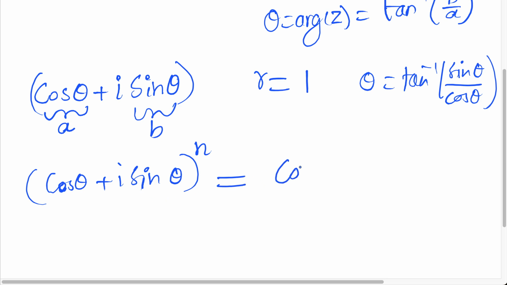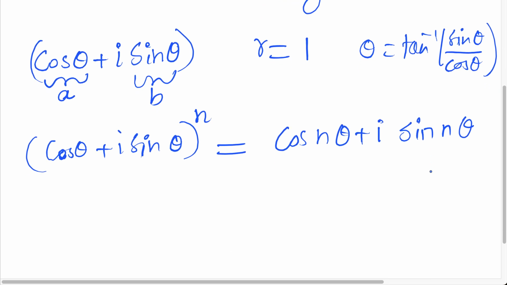This is equal to cos n theta plus i sin n theta. This proof needs you to know a bit of trigonometry. So in case you are not fully understanding the proof, for now you can accept the result, and then over time when you come to the chapter of trigonometry, you will fully understand where this rule is coming from.